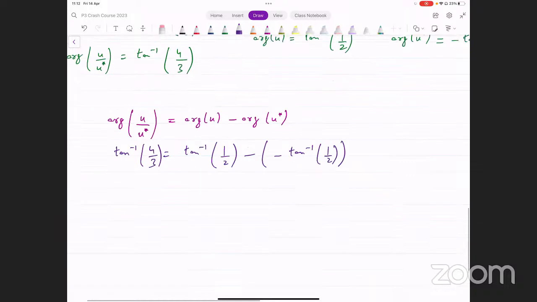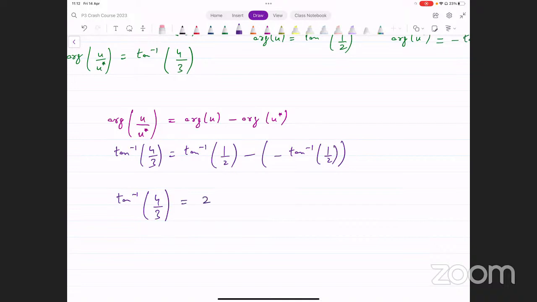Now, if we simplify this, we get exactly that thing that we're asked to prove. Tan inverse of 4 over 3 is equal to tan inverse of 1 over 2 minus minus, that becomes plus tan inverse of 1 over 2.